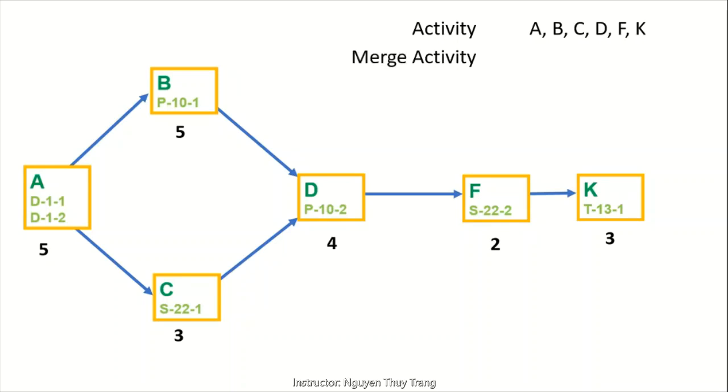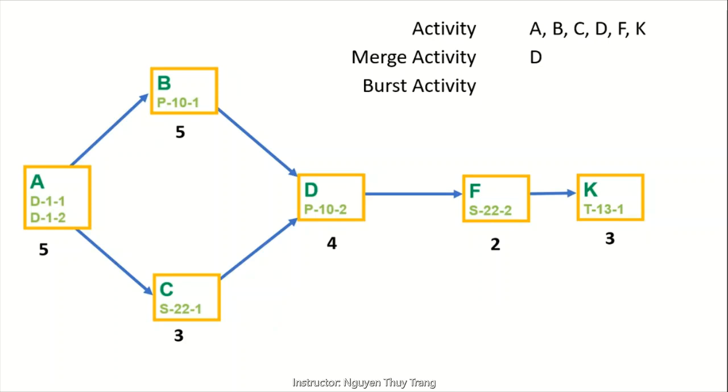A merge activity is an activity that has more than one activity immediately preceding it, which means there is more than one arrow flowing to it. In this case, we have one merge activity, which is D. In contrast, a burst activity has more than one activity immediately following it, which means there is more than one dependency arrow flowing from it.